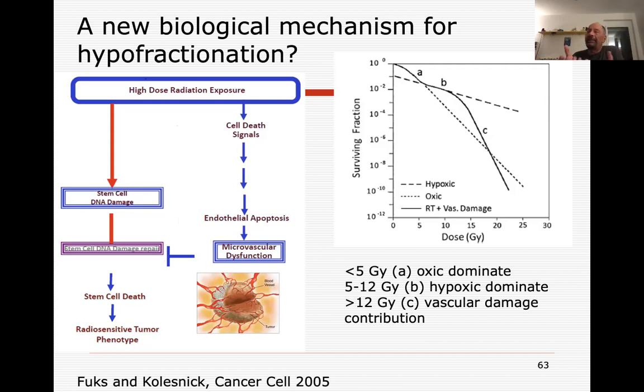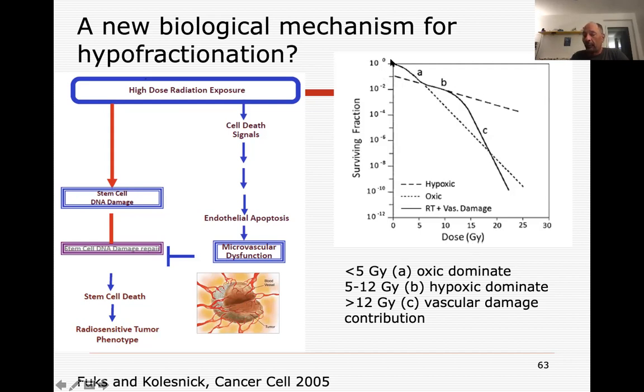At that time, the tumor becomes radiosensitive. There is even an idea here where if you have hypoxic and oxic cells, you see, this dotted line is the survival curve of the oxic cells. Hypoxic cells are more radioresistant, of course.